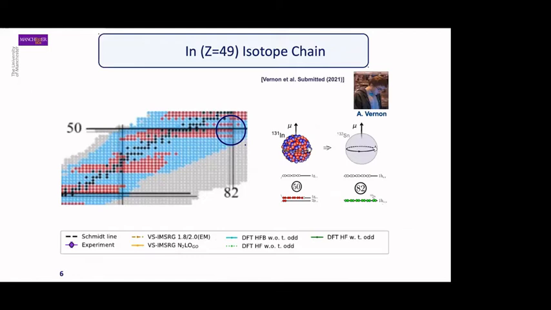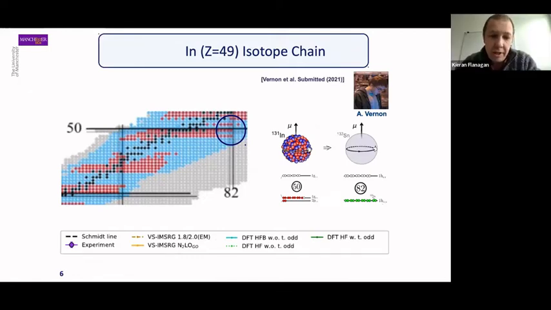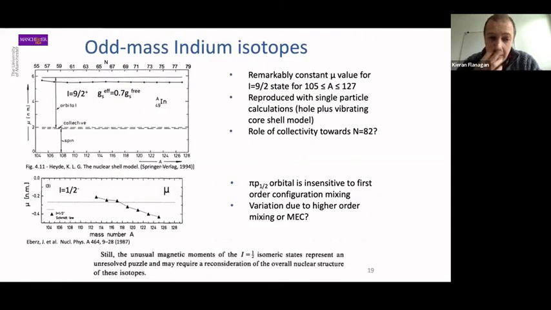So the indium isotopes with a hole in Z=50 are a sort of classic textbook example of a well understood system, and the textbooks are Hyde and Crane, which give these examples. And the moment measurements across here suggest that we have a reasonably good understanding.